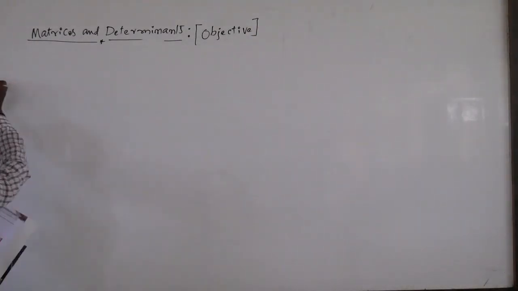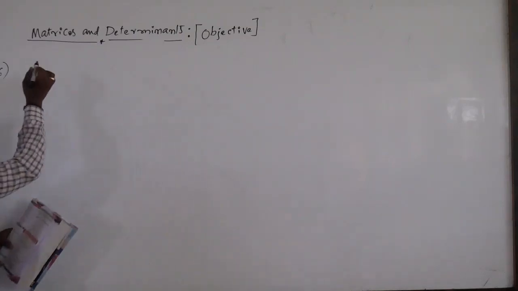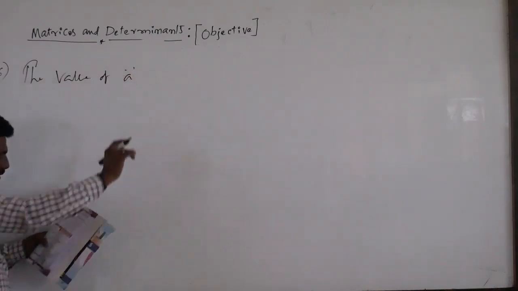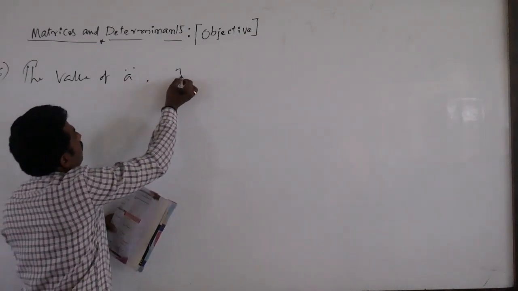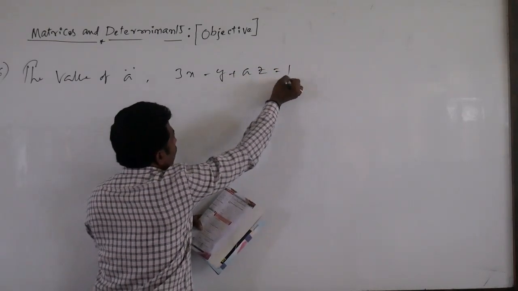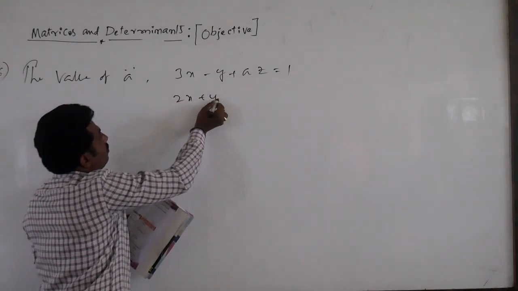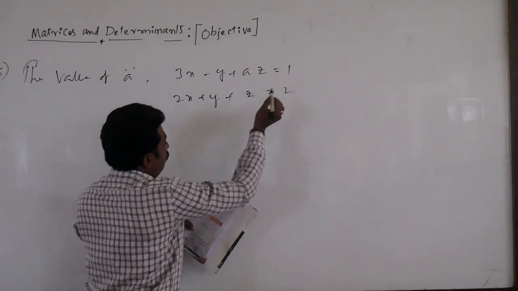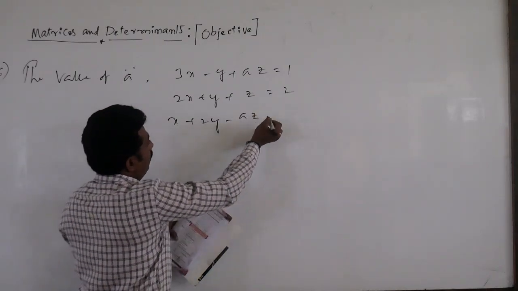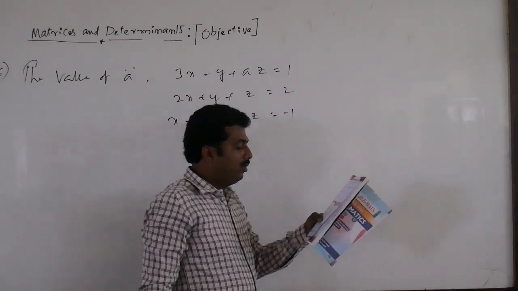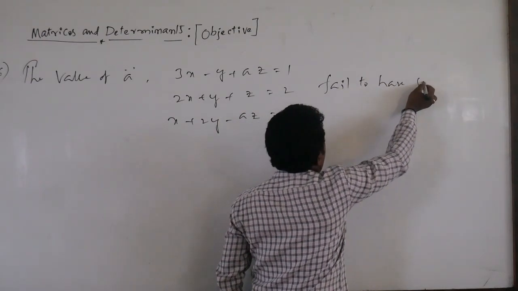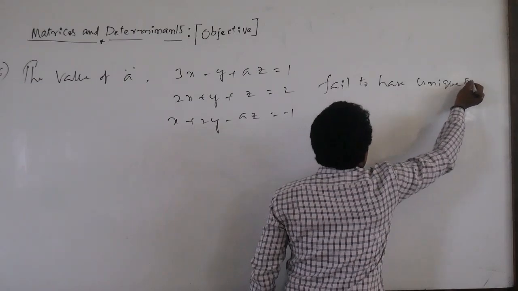Question 56. The value of A for which the equations 3x minus y plus az equal to 1, 2x plus y plus z equal to 2, x plus 2y minus az equal to minus 1 fail to have a unique solution.